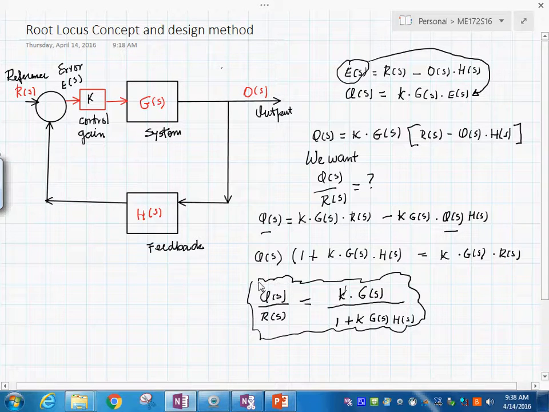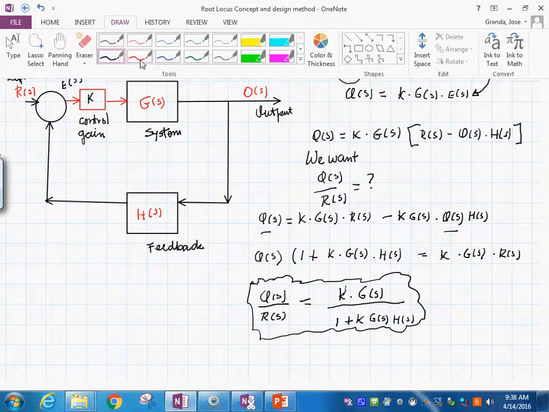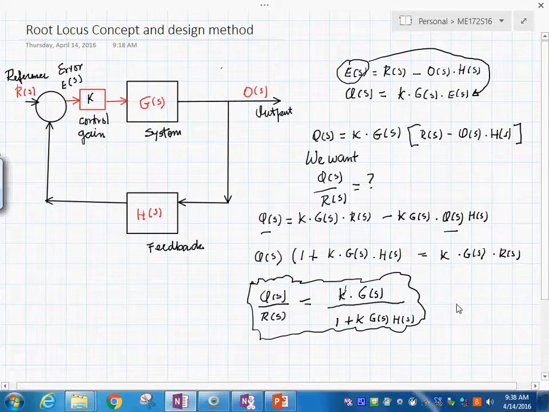So this one in here, how can we call this transfer function? I think we can give it a nice name, and I'm doing this because it's important for you to know the basics of this thing. So this would be the transfer function, and this would be the closed loop transfer function.